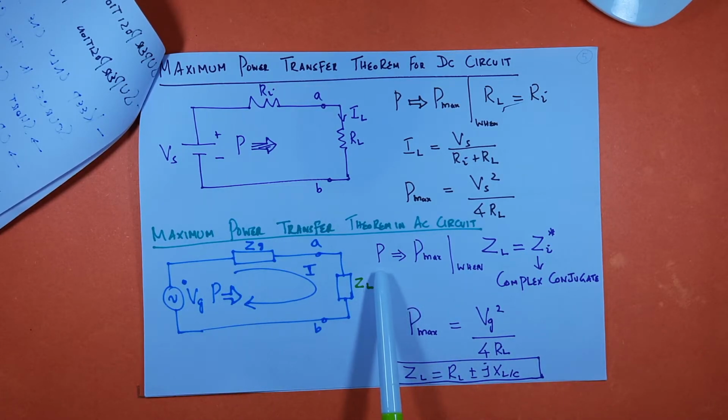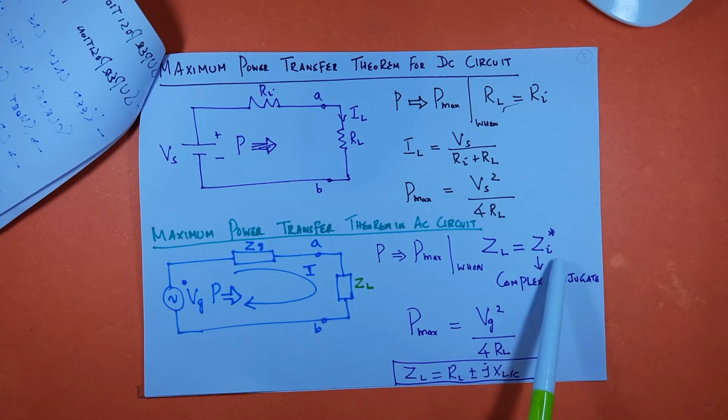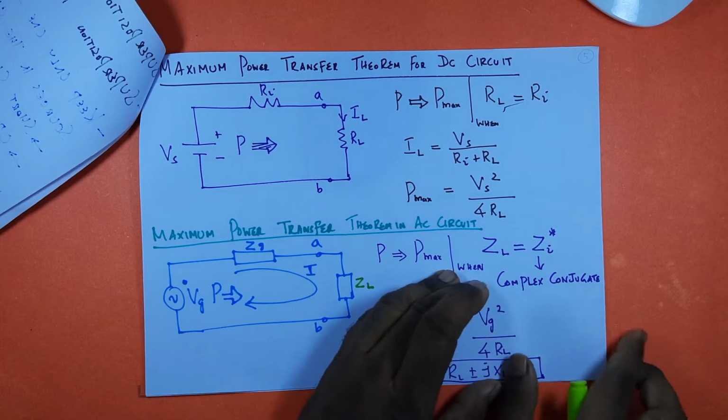This power transfer from the source to the load is P max when the load impedance equals Zi star, that is, when load impedance equals the complex conjugate of the internal impedance or source impedance. Here again P max is going to be Vg square divided by 4 into RL. This load impedance is going to be RL minus jXL or XC.